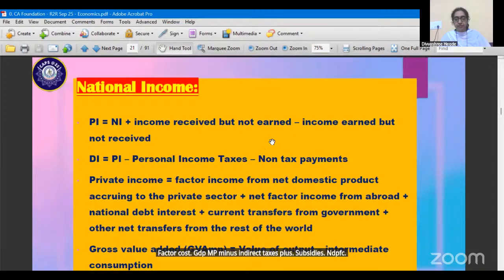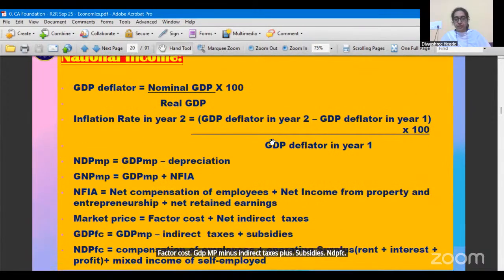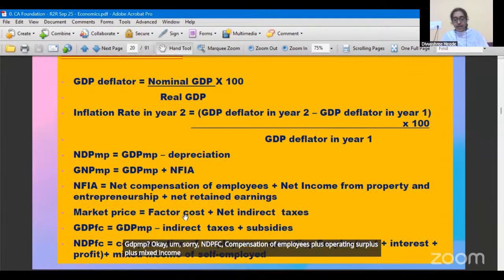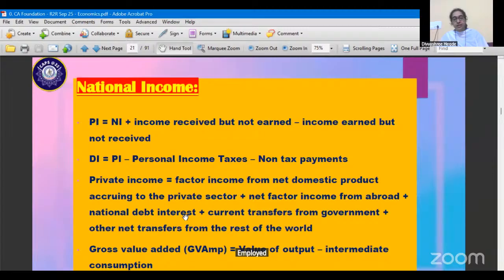NDPFC is compensation of employees plus operating surplus plus mixed income of self-employed. National income, and from that personal income: NI plus income received but not earned minus income earned but not received.